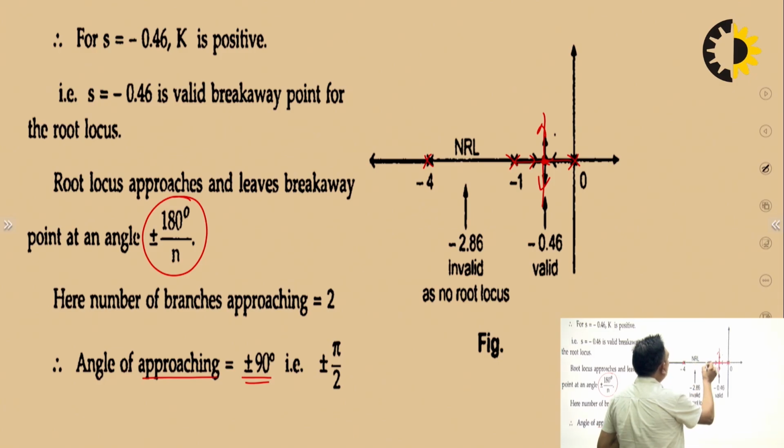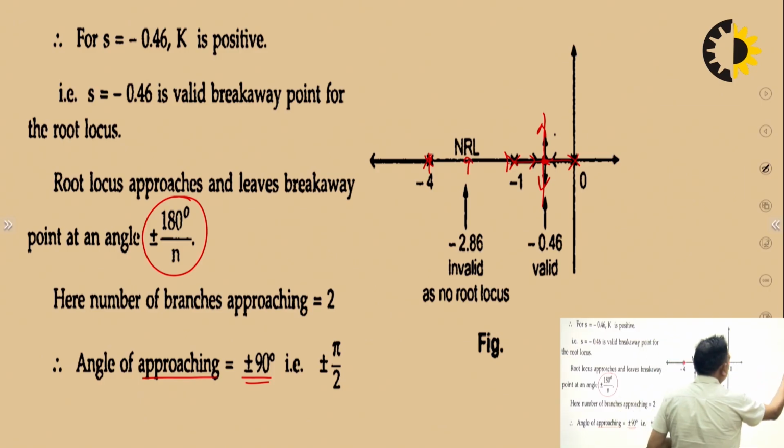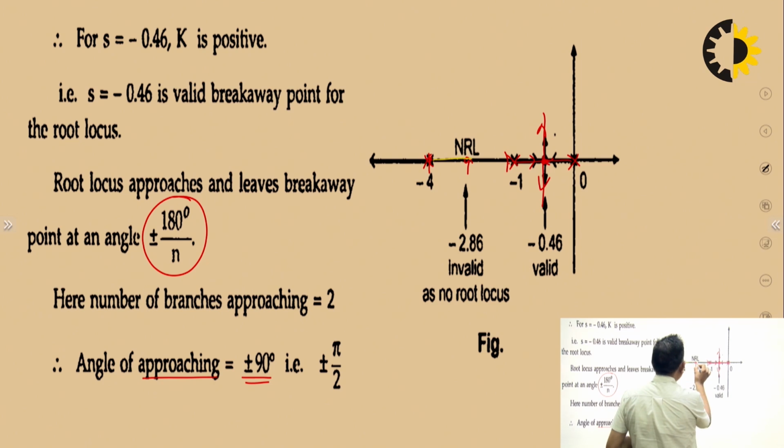no point on the root locus lies where the sum of open loop poles and zeros towards the right is even. So if there is any point in between, the sum of open loop poles and zeros towards the right will become even, so there will be no root locus in this range.